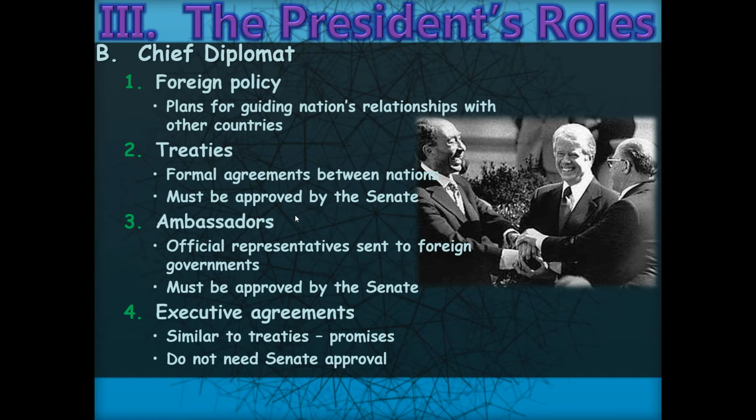He's got the power to enter into this, and it's basically just an agreement that while his administration is in office, that agreement will be honored. It doesn't have the binding legal authority that a treaty does, but it's a way that the president can work with other countries without having to go through the hassle of getting something approved by the Senate.